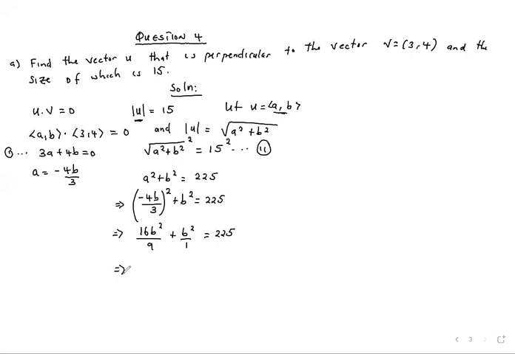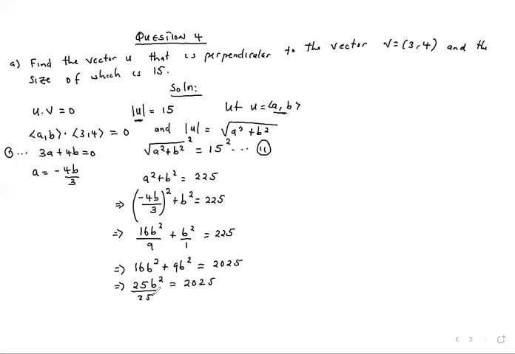That is, if we multiply throughout by 9, we'll get 16b squared plus 9b squared is equal to 225 times 9, we get 2025. You add this, we'll get 25b squared is equal to 2025.